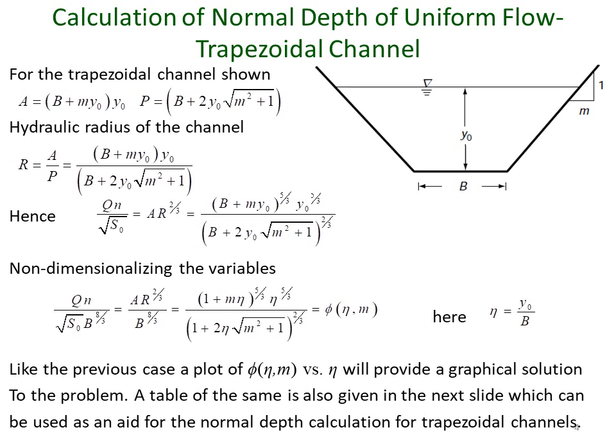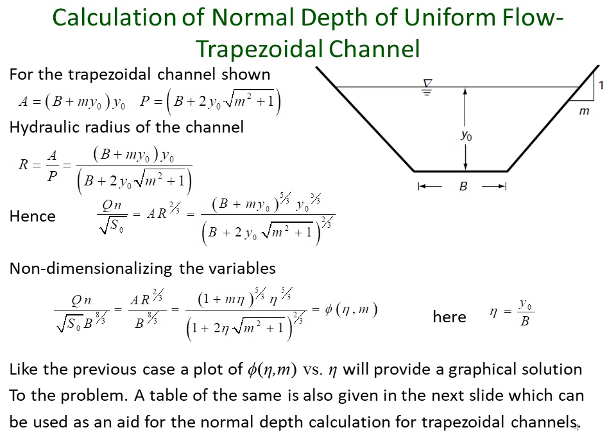A trapezoidal channel has been shown on your right, which has a base width of capital B, a flow depth or normal depth of y naught, and a side slope of m/1. So for such a channel, the cross section can be given as A equals B plus m y naught into y naught, and the wetted perimeter is given by capital B plus 2 y naught under root m square plus 1.